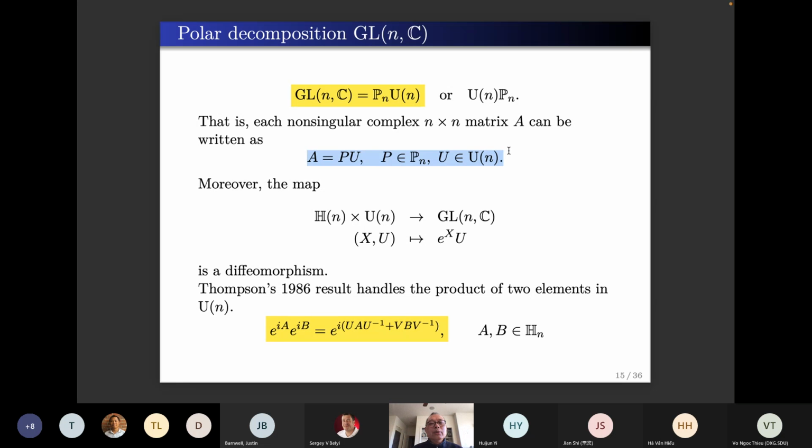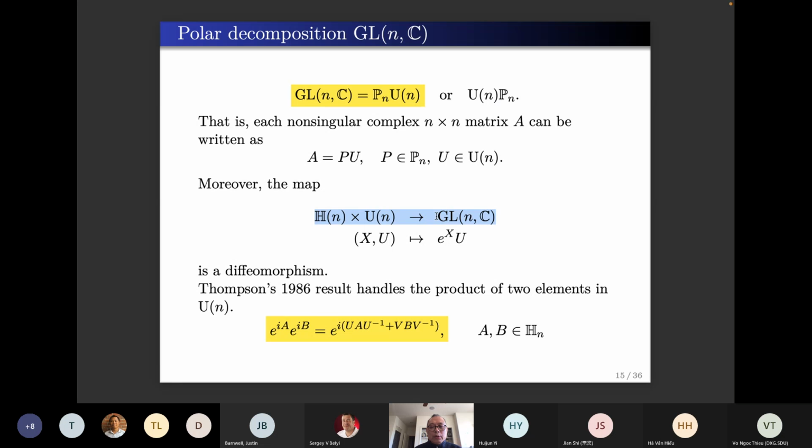Someone would like to express it in the context of singular value decomposition, which is fine, because if you further decompose this P by using spectral decomposition, you get singular value decomposition. But one thing I would like to mention is many people working on matrix theory don't know about that. That is, polar decomposition, as a matter of fact, is a diffeomorphism in the following sense.